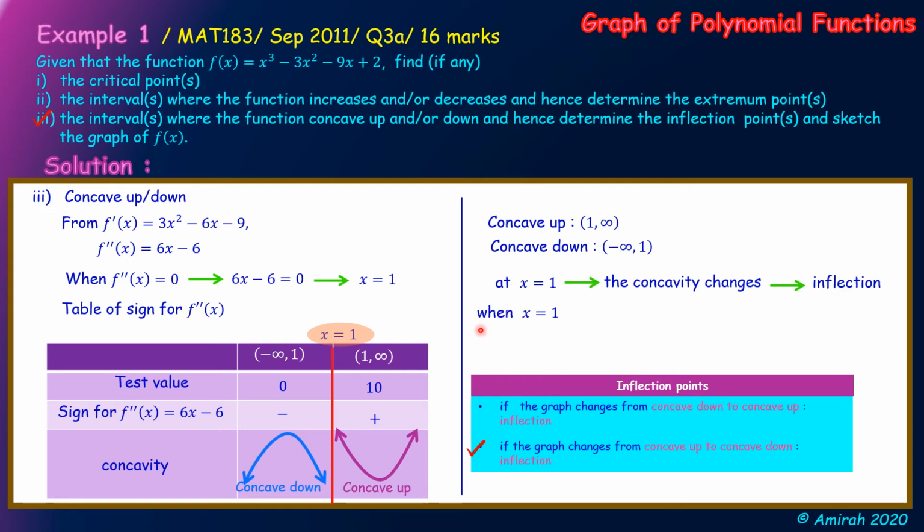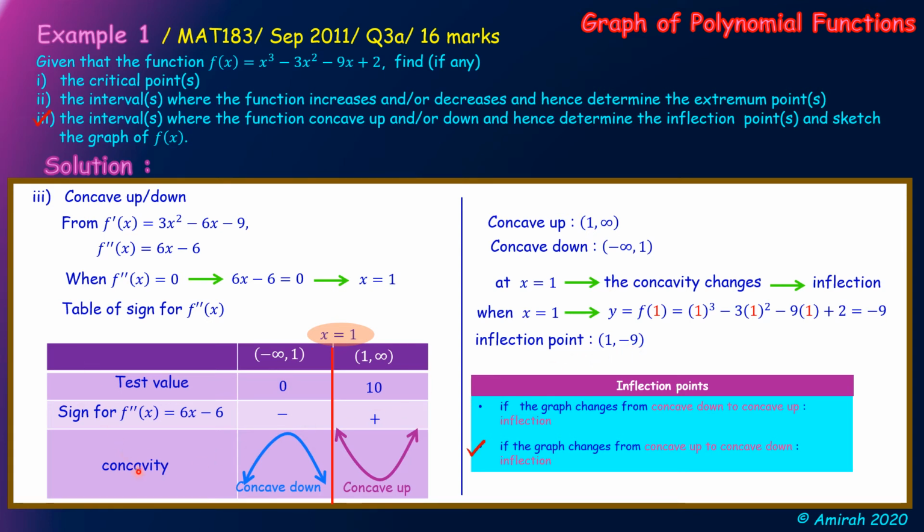Point here means we need to find the coordinate of y. So when x equals 1, we substitute the value of x into f(x) to find coordinate y. We get y equals negative 9. So the inflection point is (1, -9). Inflection and maximum and minimum are points, so we need to write them in terms of coordinates.